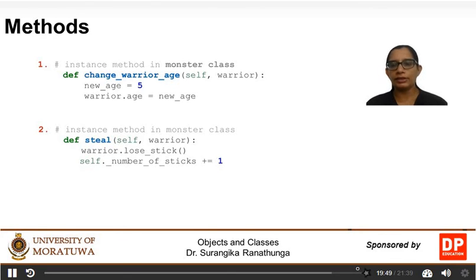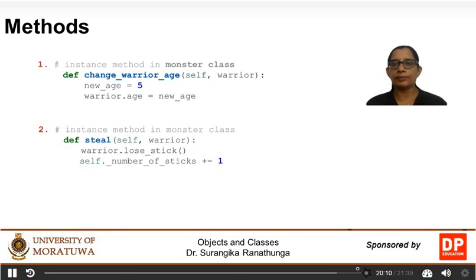In addition to instance methods, a class can have class methods and static methods. A class method receives the class as an implicit first argument and can change the state of the class, which will affect all the instances that have been created from that class.